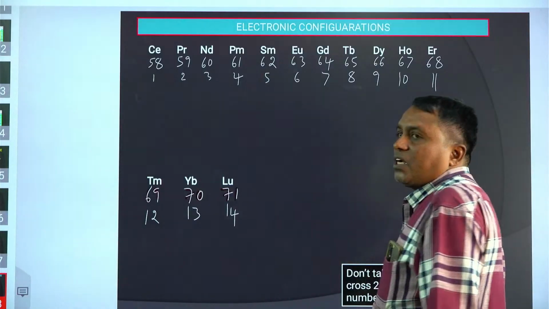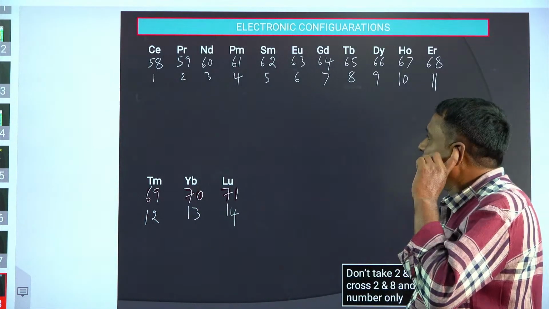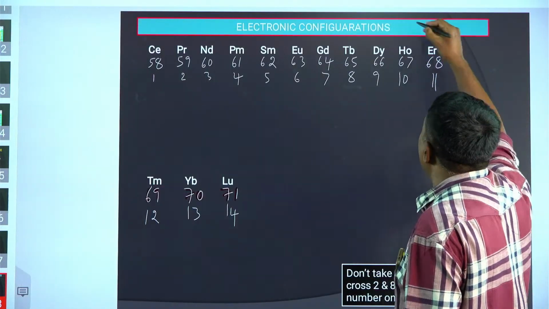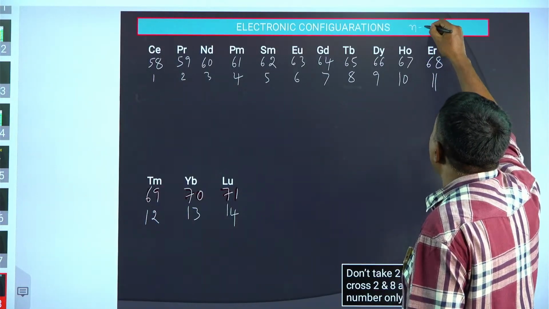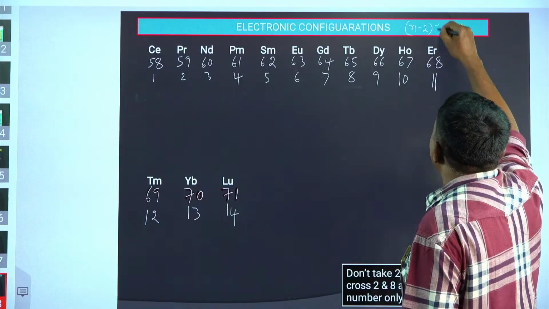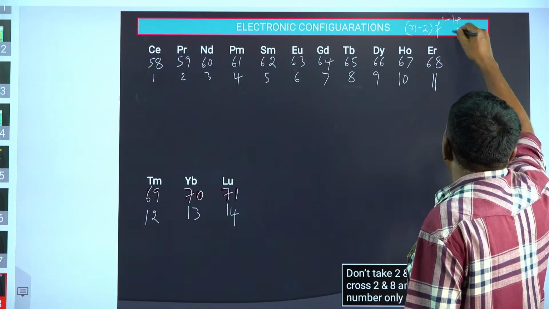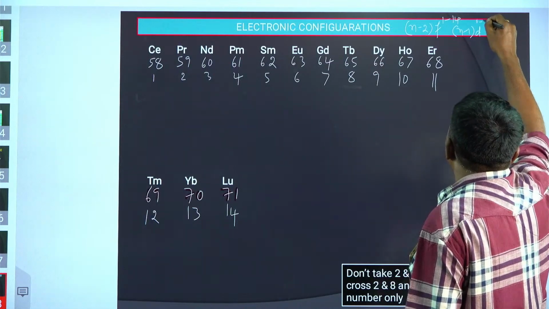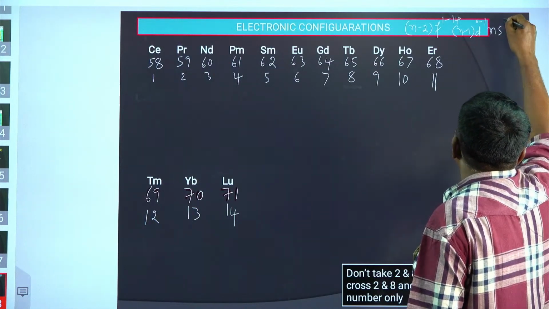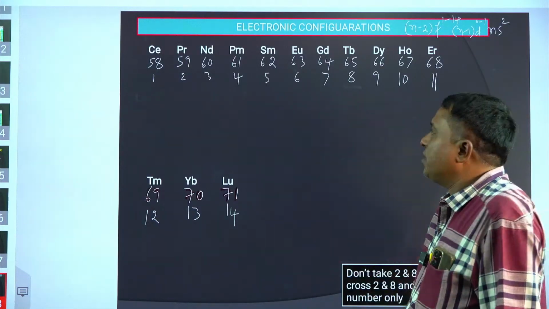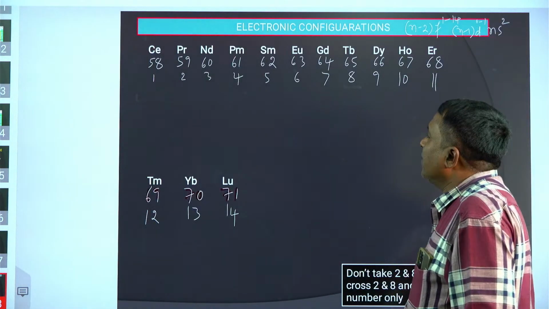Actually, what will be the general electron configuration of the lanthanides? The general electron configuration is (n-2)f 1 to 14, (n-1)d 0 to 1, and ns2. But how can we write it?